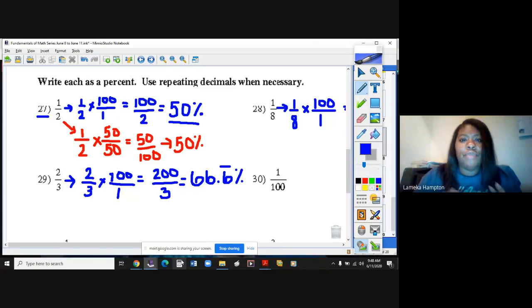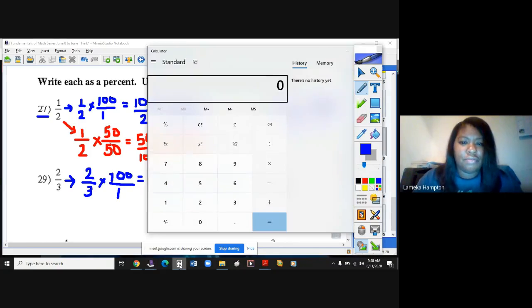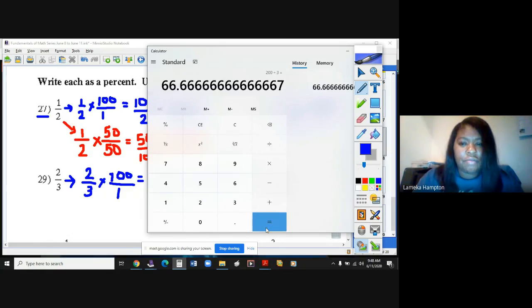Okay. Now, again, I'm not quite sure if you all will be able to see my calculator, but if you have a calculator on your phone or one handy, you can try this out with me. Remember, when you're working on the calculator as it relates to fractions, you're simply going to put in your number. So I have 200 and I am dividing that by 3. And you're going to see 66 point, all of these sixes, and a 7 at the end.